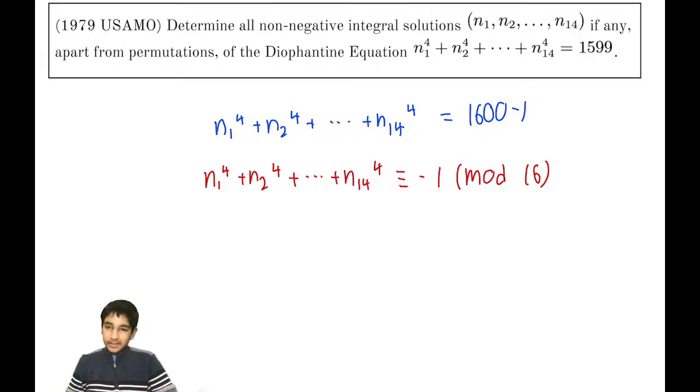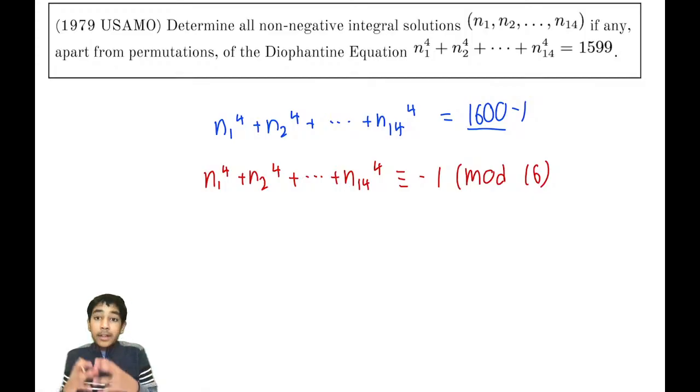The reason is that 1600 is a multiple of 16, so it just goes away, and -1 is -1 mod 16.